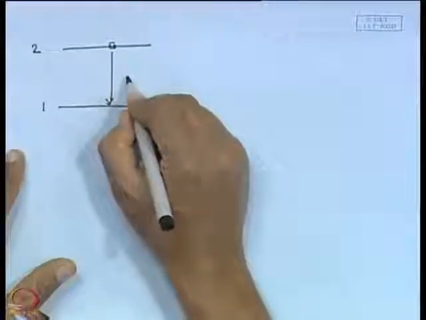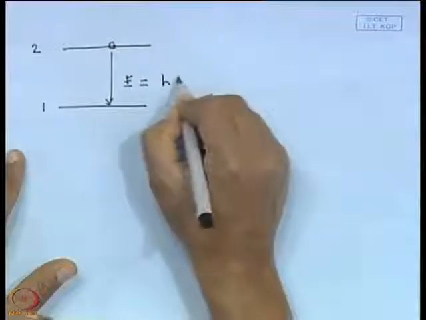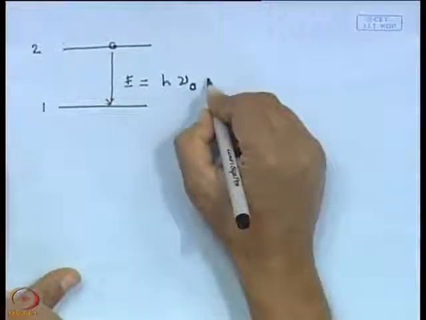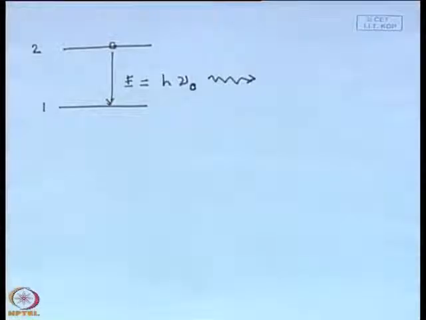So this energy difference E equals h nu naught. So the radiation as a result of such a transition comes out at a frequency nu naught. So you could think of this as an atomic transition.